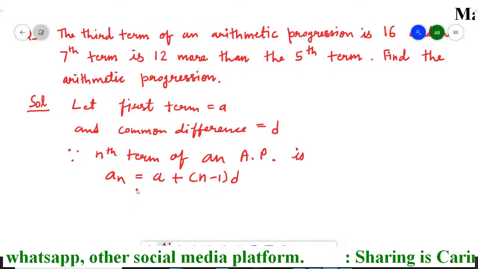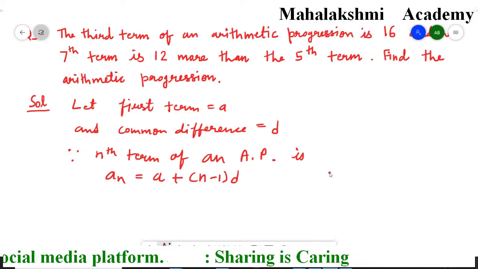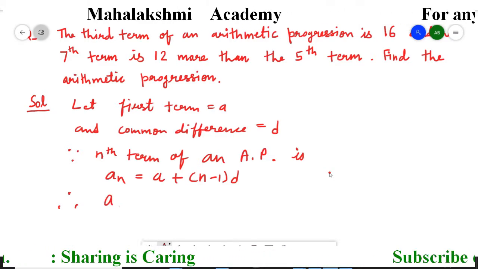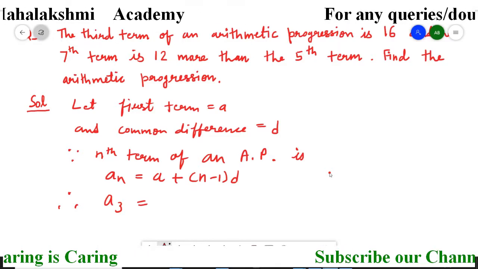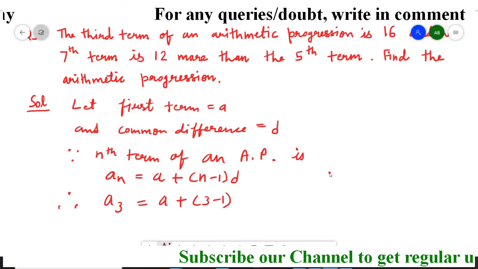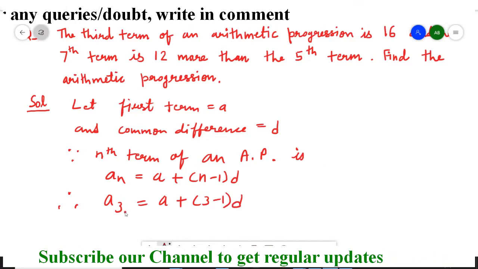Now in this nth term formula, since the third term is available, we'll calculate the third term. So A3 is equal to A plus 3 minus 1 D. Now here, students, why did I write 3 only?